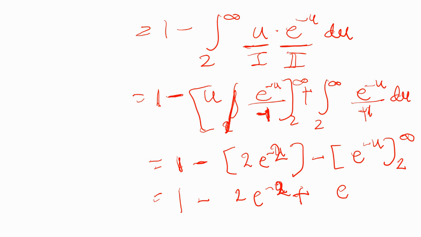Am I doing something wrong? In the second part, I have written u as multiplication, because we apply the limit to the whole.